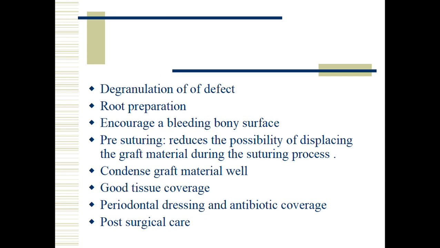Degranulation of the defect is done, then thorough root planing and scaling is done. Encourage a bleeding bony surface. Pre-suturing to reduce the possibility of displacing the graft material during the suturing process. Then condensation of graft material, good tissue coverage should be there, periodontal dressing and antibiotic coverage will be given, and post-surgical proper care.